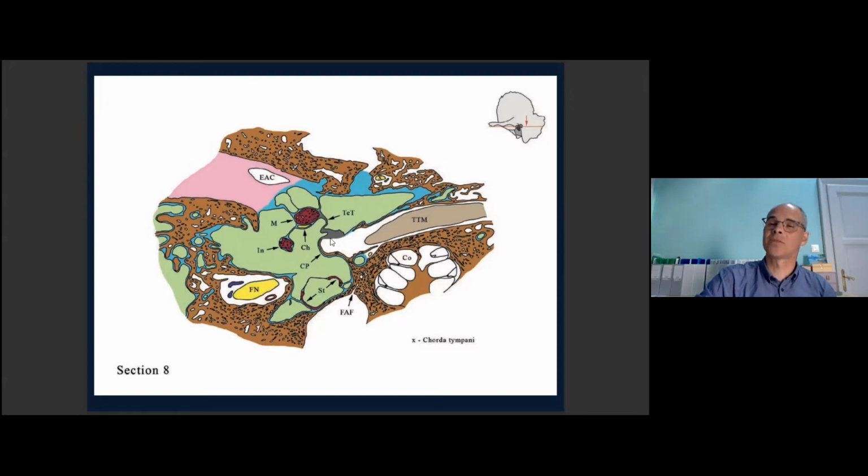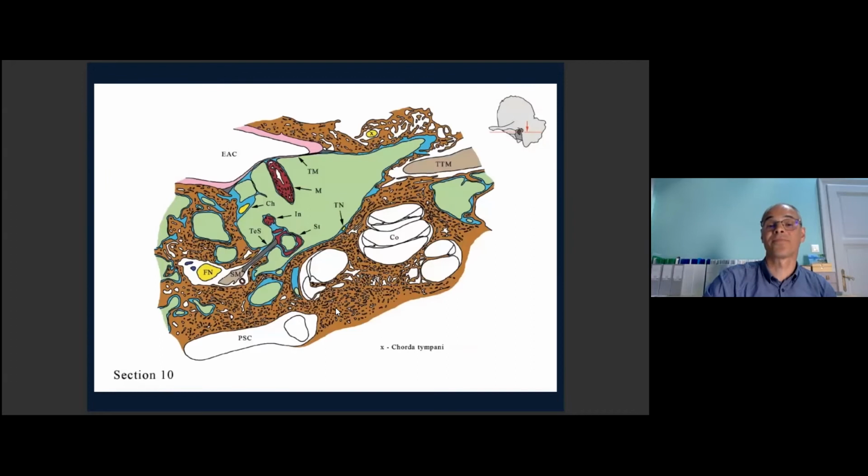It is absolutely important because it can save from the medialization of the stapes. And in another section, you can find a tangential cross section of the pyramidal eminence, stapedial muscle, tendon of the muscle, and how it can reach the stapes as well, and the incudostapedial joint as well.